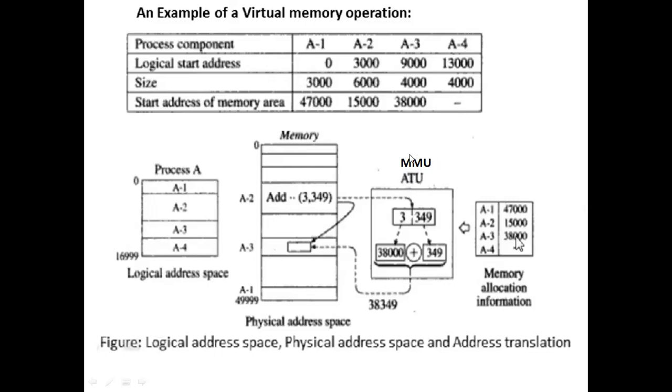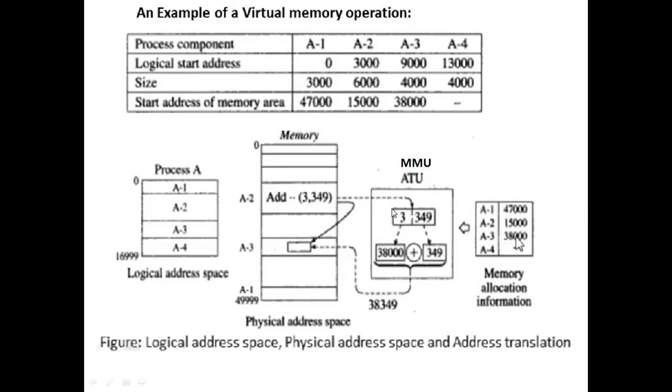The MMU or ATU will consider 3349 as 3 and 349, where the higher order number represents the page number and the lower order numbers represent the offset.